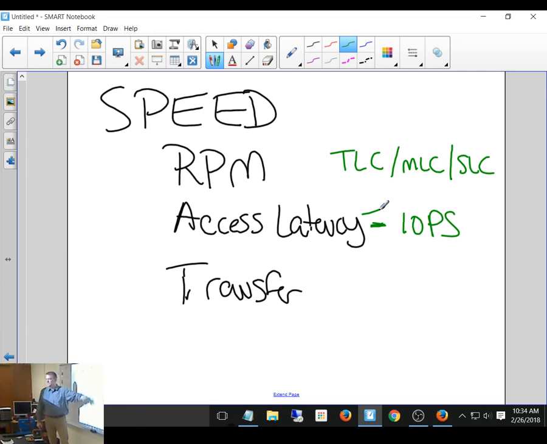It's like horsepower in a car, you can't compare that to an actual horse. There we go, horse and buggy. Anyway, transfer rate compares directly the same though, and we'll see the differences on those.